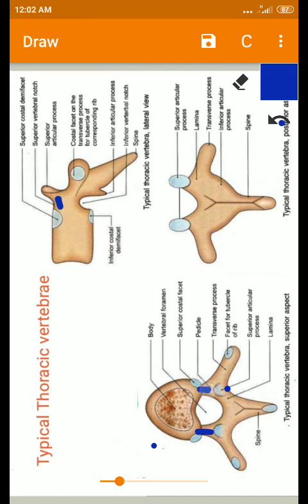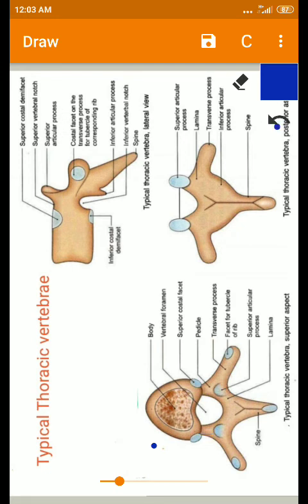You can see here, the pedicle is attached to the upper border, not at the lower border, so that the inferior vertebral notches are deeper than the superior vertebral notches. The superior vertebral notch is shallow, and the inferior vertebral notch is deep. Okay, so this is about the pedicles.